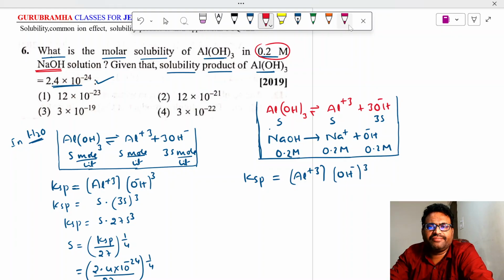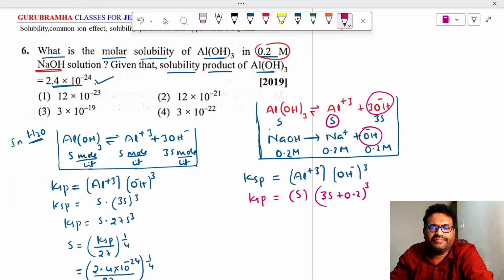Now you write the aluminium concentration as S, and the OH minus concentration, since the common ion is there, is 3S plus 0.2, whole cube.